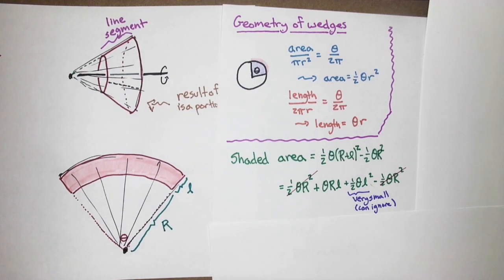So small, ignore it. Okay, so we say, great, theta r times L. Now, the question that someone posed, well, how do you find theta? That sounds like it's going to be a lot of work. We're not going to find theta.